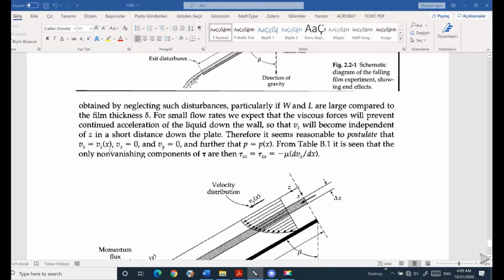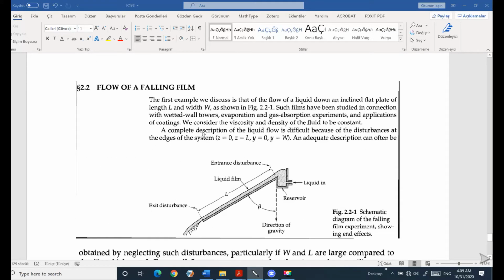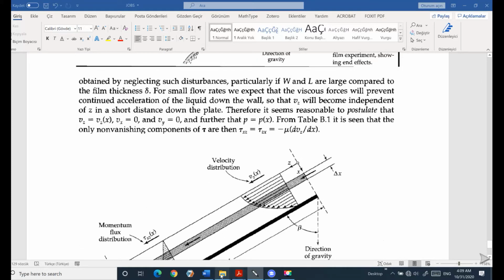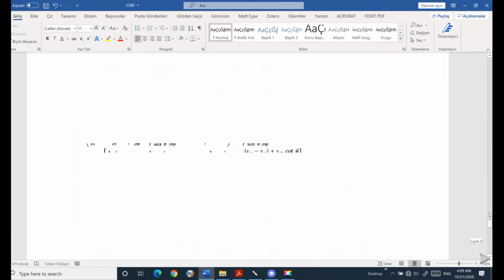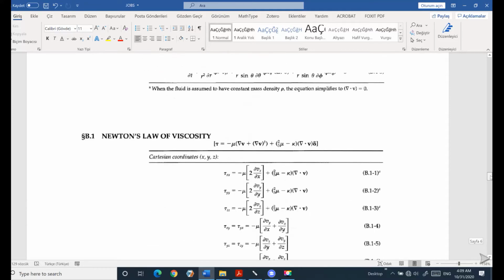Now, let's say the velocities vx and vy are going to be 0 according to the definition of the problem, and we have some constant density. So for the solution of this problem, we just need to go to appendix B1 to check the continuity equation.